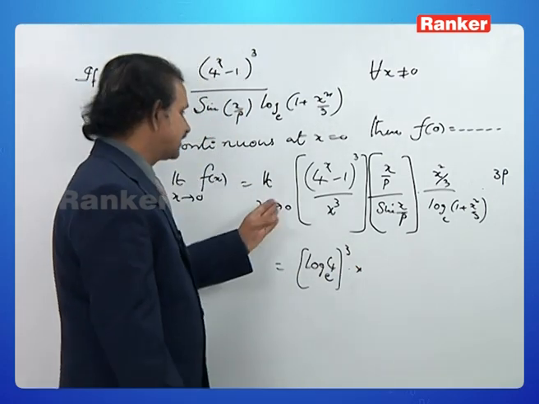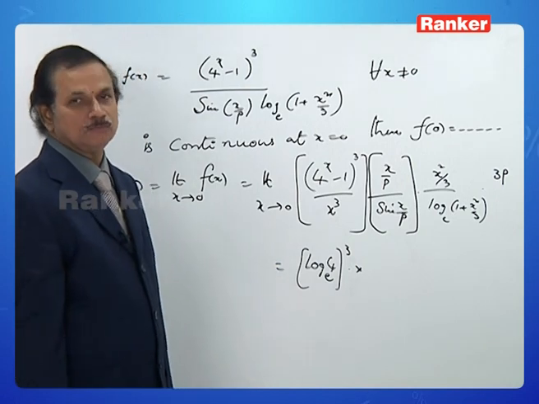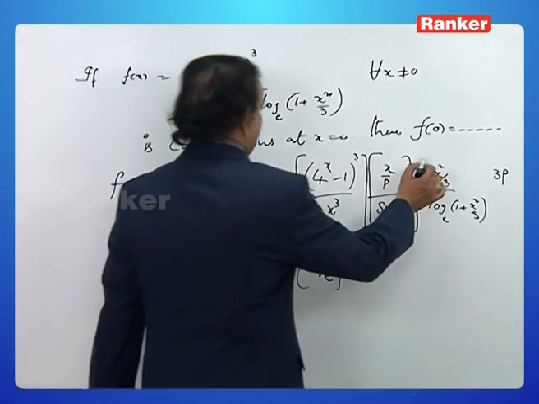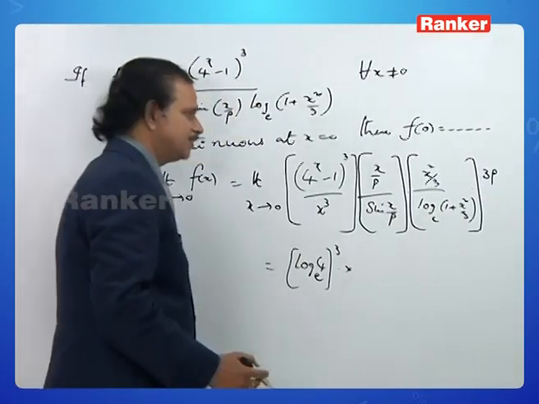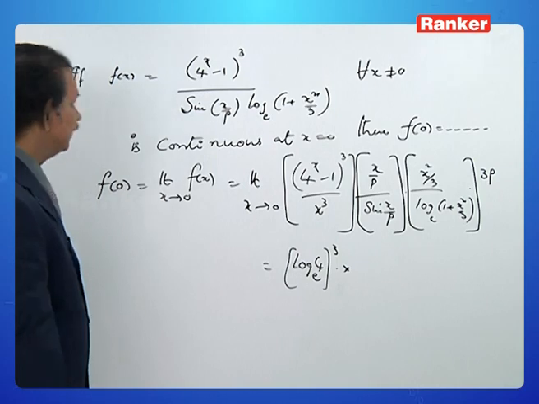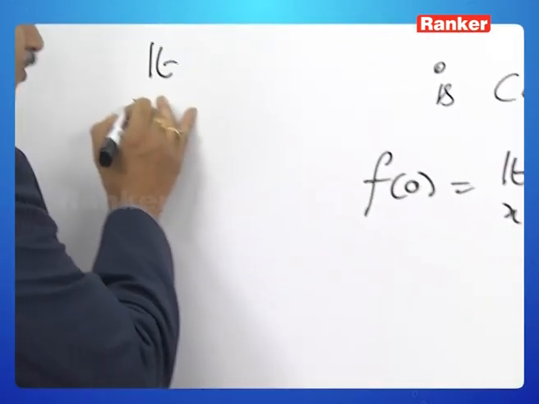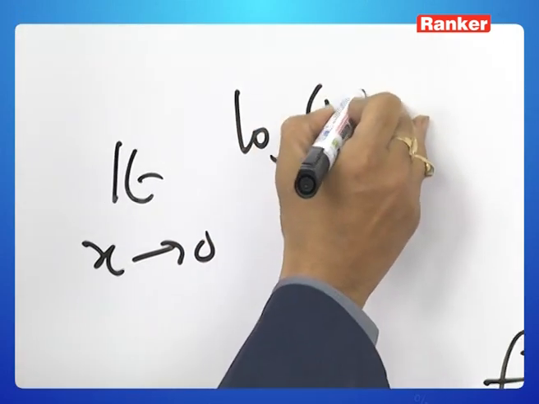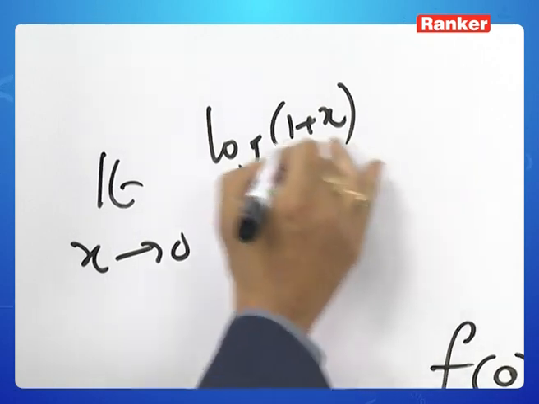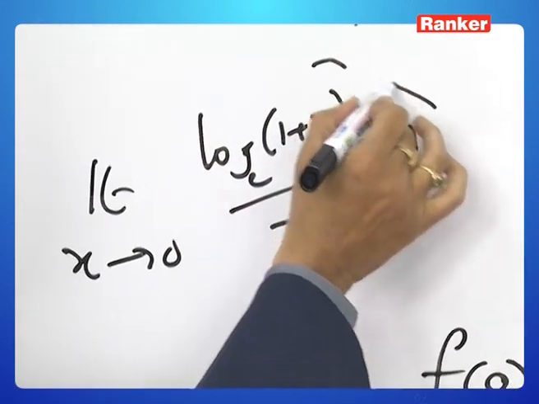Now, x tends to 0 implies x square by 3 also tends to 0. Therefore, for this part, you recall the limit as x tends to 0 of log of 1 plus x by x to the base e is 1.